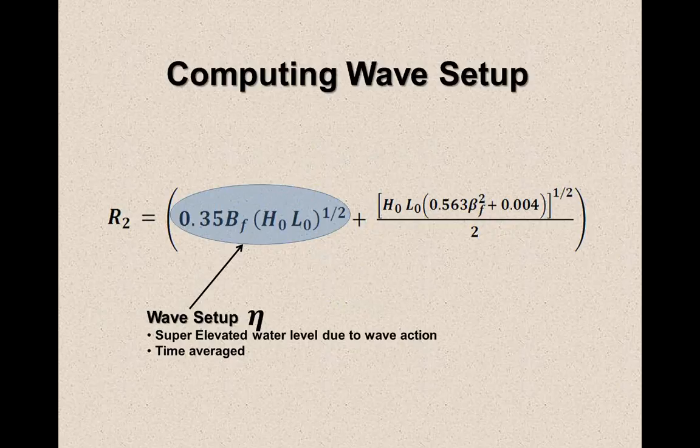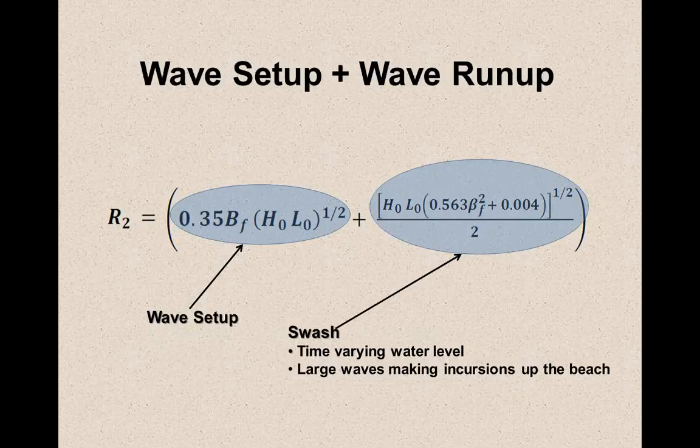The left side of the parameterization computes solely the wave setup, and the right side computes the swash running up the beach. And I should point out that the swash is a time-varying value with each large wave incursion up the beach by the swash, and the wave setup is a time average value.